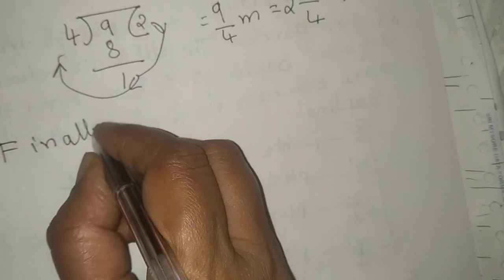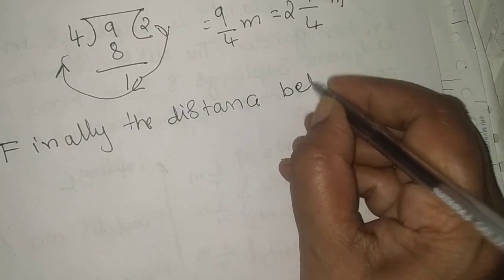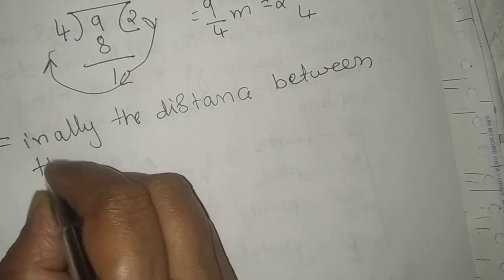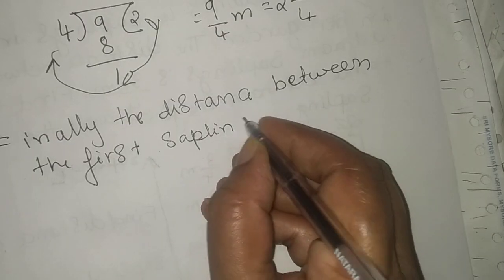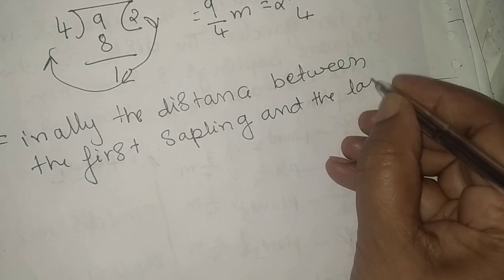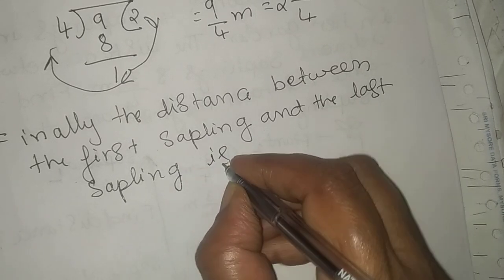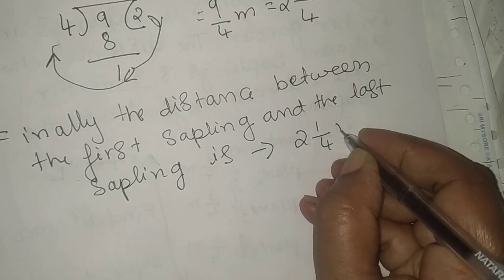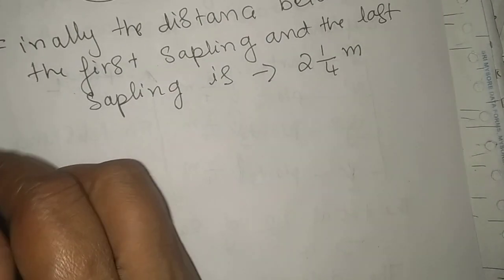Multiplying this, finally the distance between the first sapling and the last sapling is 2 1 by 4 meters. So this is the solution for question 5.